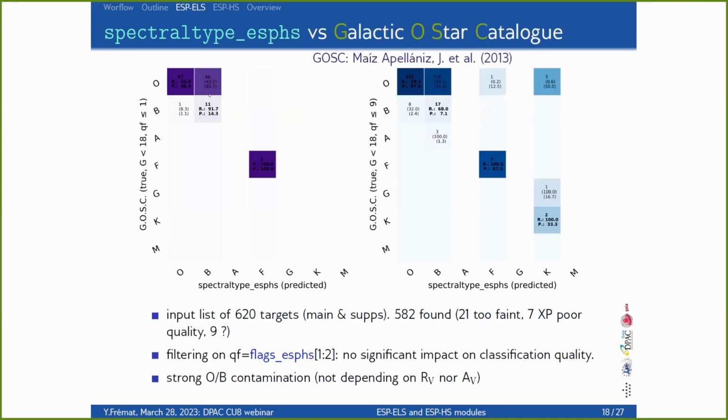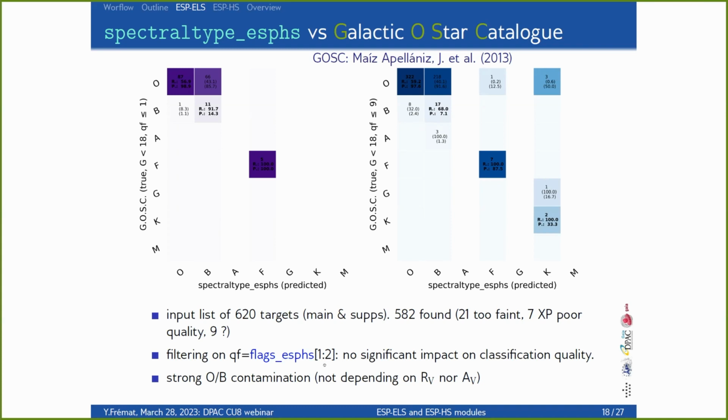Now, to put more emphasis on the confusion that we may have between O and B-type stars, I did the same work on the galactic O-type star catalog to really show that a lot of these O-type stars have been labeled as B-type stars. The reason for this is not very clear to me.